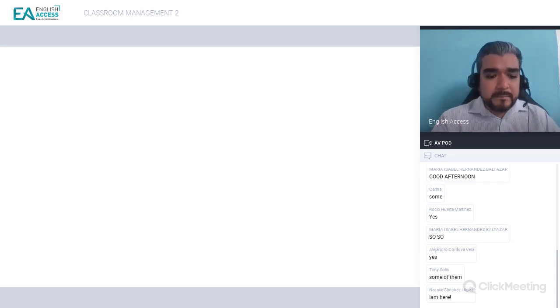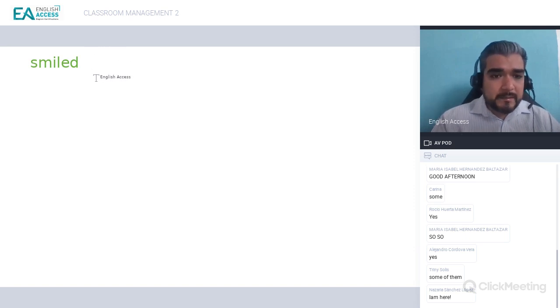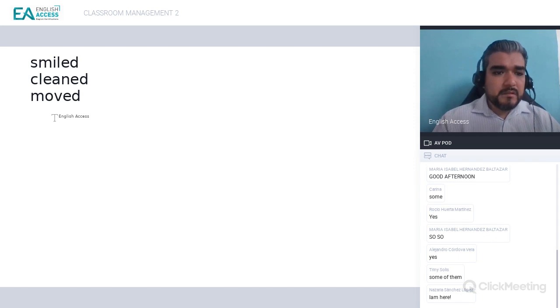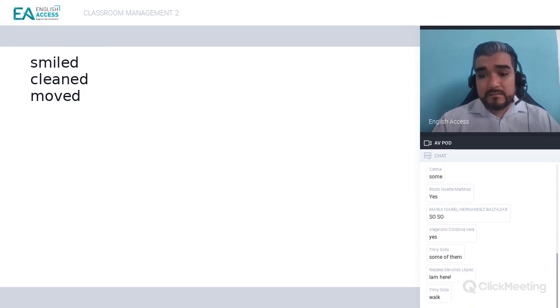this student was making mistakes with the verbs in past: smile, the verb clean, the verb move. Which in past we say smiled, cleaned, moved, right?